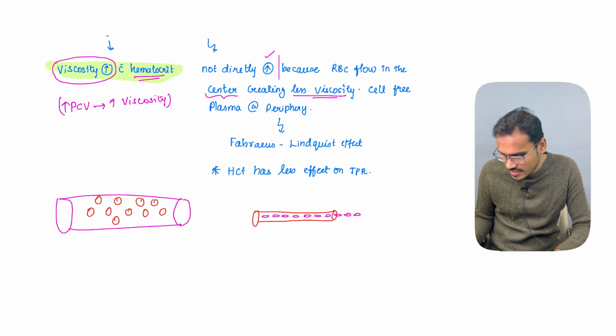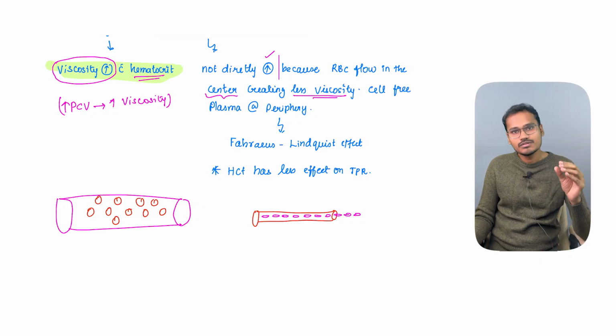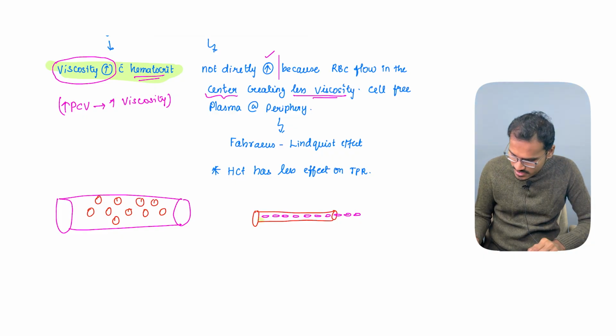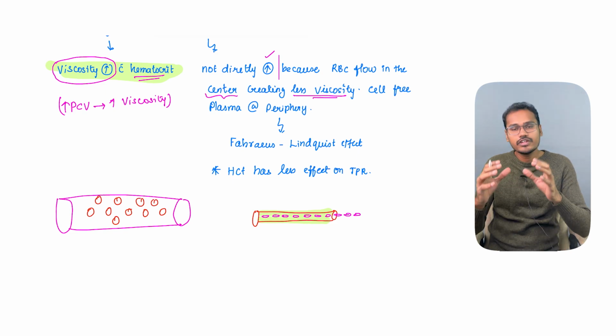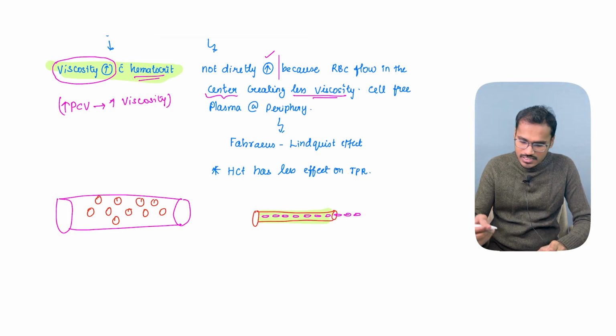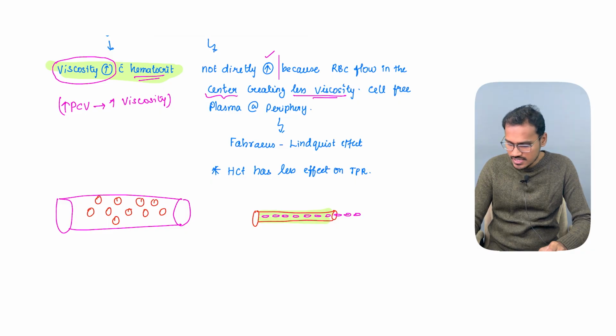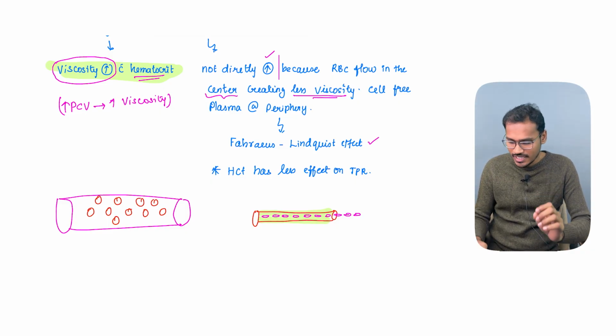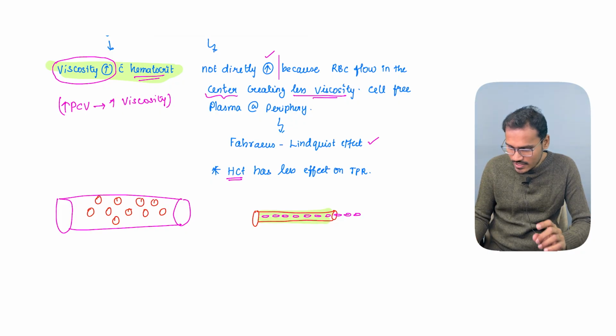The flow might be reduced, but the overall contribution to viscosity in a smaller vessel is very, very less, since the RBCs go in a stream and at the side is cell-free plasma. The cell-free plasma moves at the side, thereby reducing the viscosity. This beautiful effect is called the Fahraeus-Lindqvist effect, and that is why sometimes hematocrit has a very small effect on total peripheral resistance.